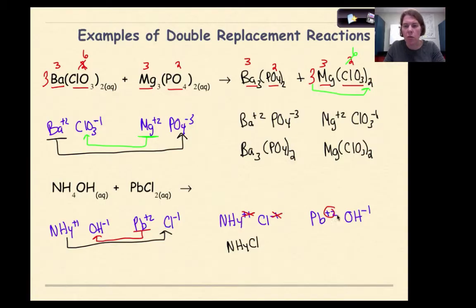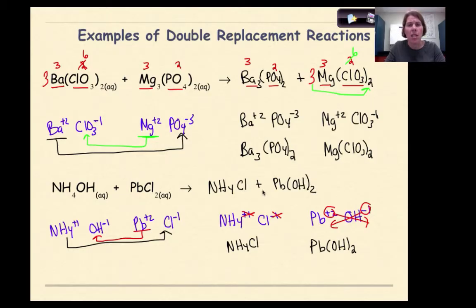So this plus 2 is going to go down here. This minus 1 is going down here. And for the last time, no positives, no negatives, no ones. When I rewrite this one, it's going to be Pb(OH)2. And I could take these formulas and rewrite them up here. NH4Cl plus Pb(OH)2.